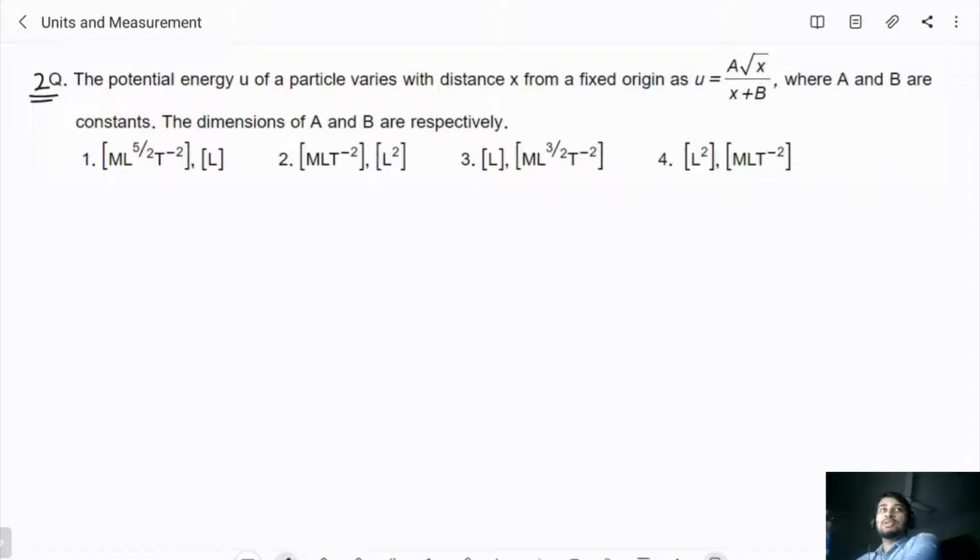The dimensions of a and b are respectively. So here U is potential energy, x is distance, and a and b are some constants, and we need to find the dimensional formula of a and b.